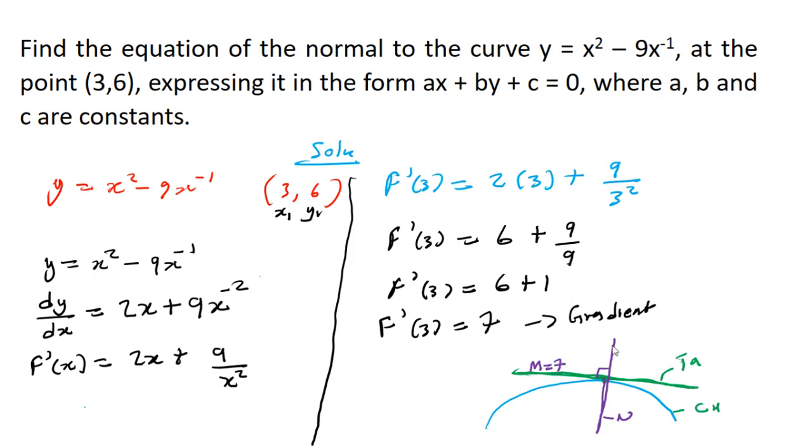So this guy, which is the normal, also has a gradient which we can call m1. Now the relationship is that the gradient of the curve at that particular point is the same as the gradient of the tangent. So at that particular point the tangent has the gradient of 7.